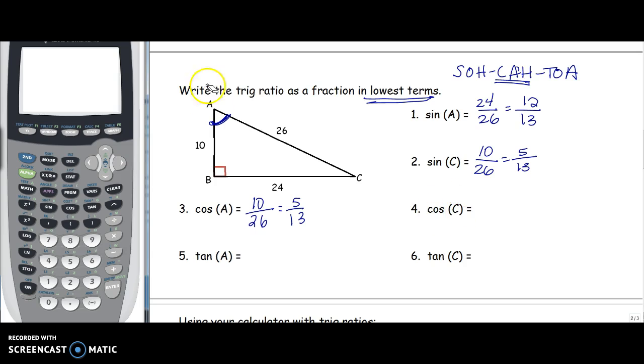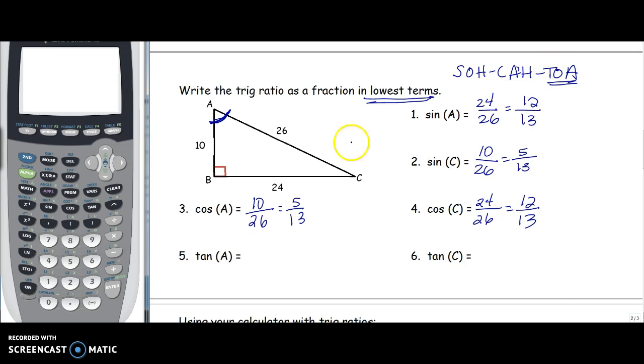Number 4 is cosine of C. So our reference angle is right here, which is adjacent, which is side 24, and hypotenuse, which is 26. And again, simplified, 12 over 13. The last one is tangent. And tangent of A, which A is your reference angle, is opposite over adjacent.